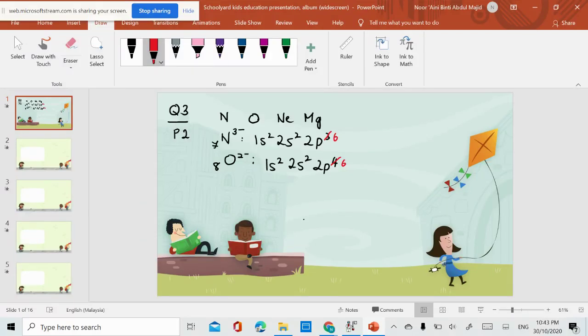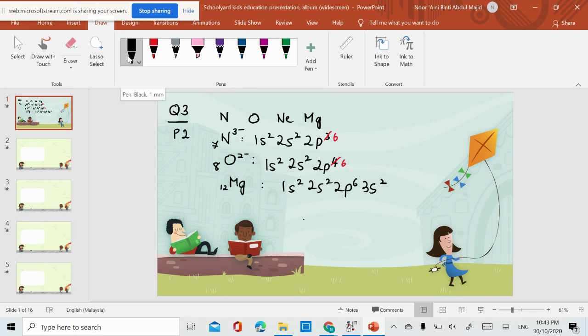Now let's have a look at magnesium. Magnesium is an element in period 3 in which we have 12 protons. The original configuration is 1s2, 2s2, 2p6, and 3s2.